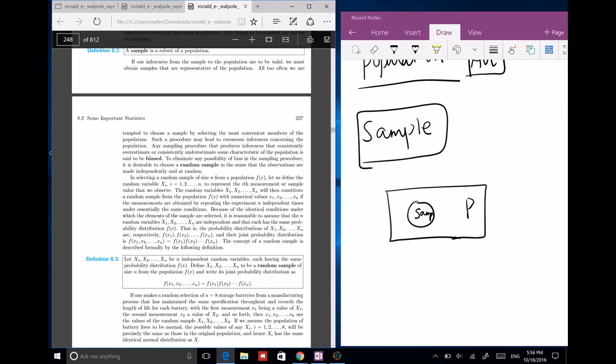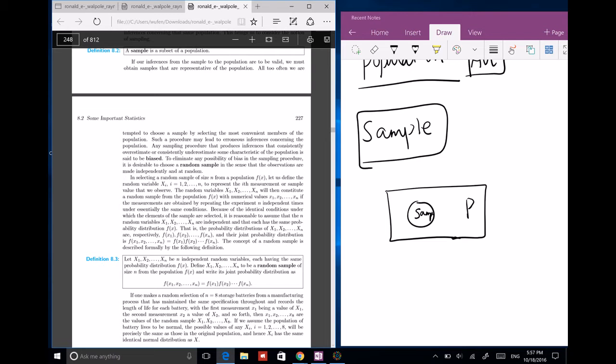Estimation. To eliminate any possibility of bias in the sampling procedure, it is desirable to choose a random sample. So normally we want to randomly choose a sample, and that decreases the bias. You will not say it is 100% accurate; it would still have some error if you use it to represent the whole population.